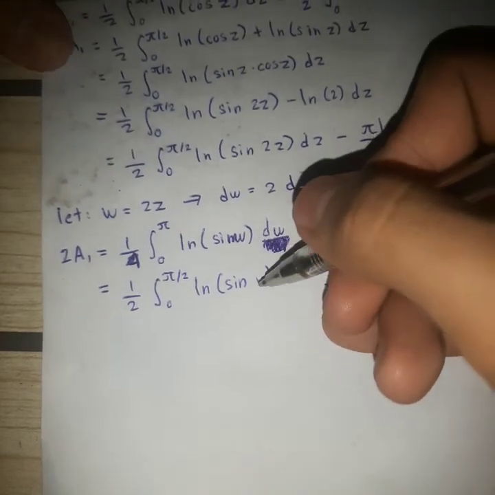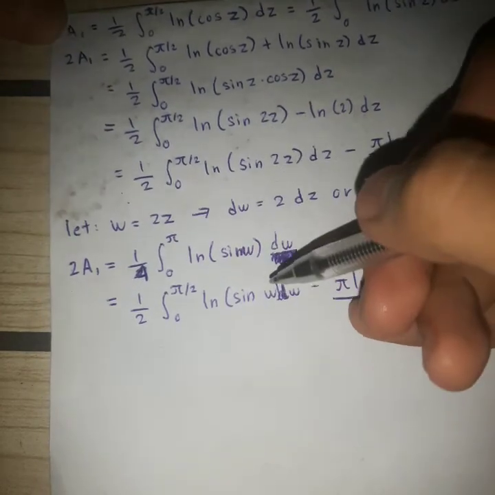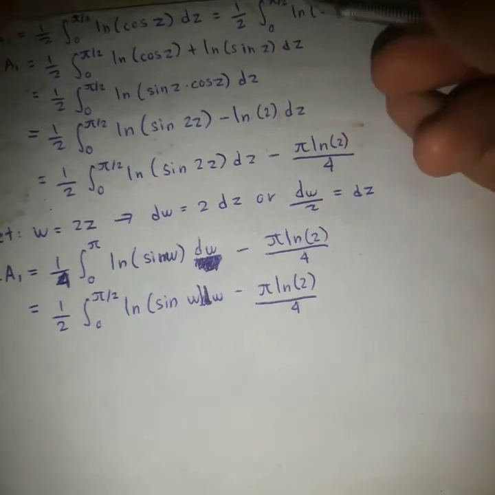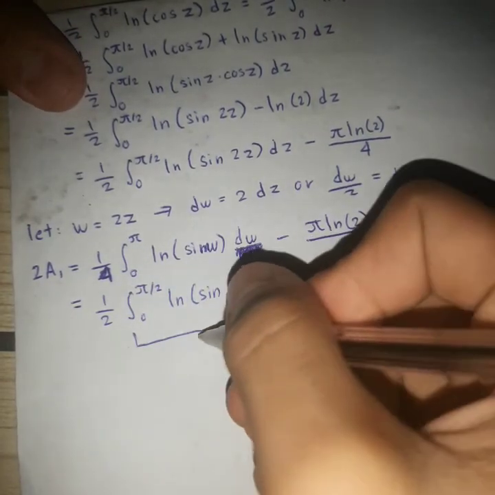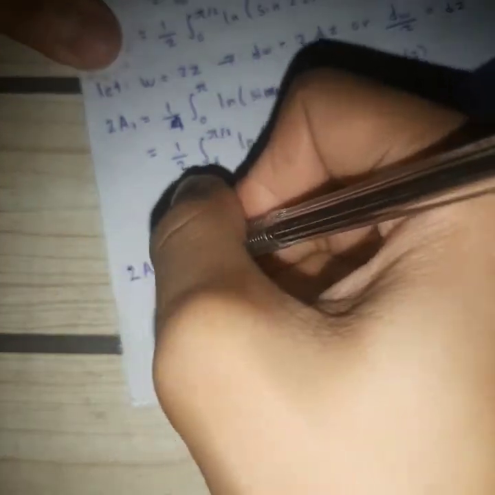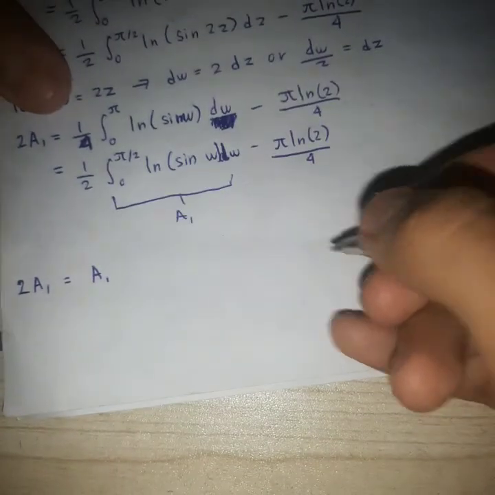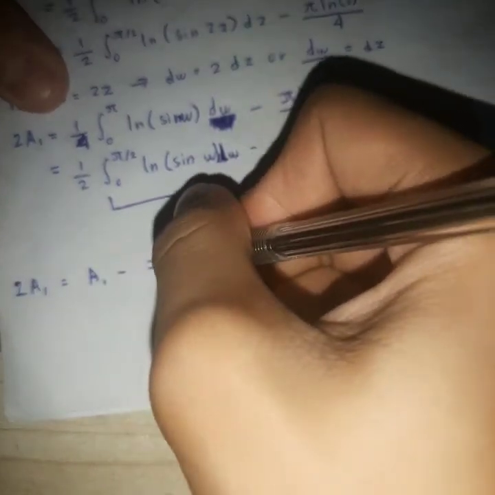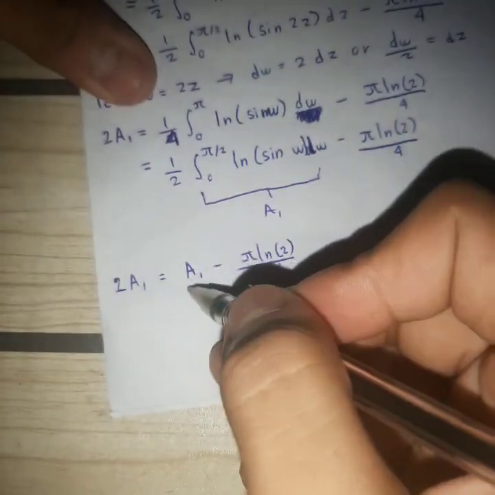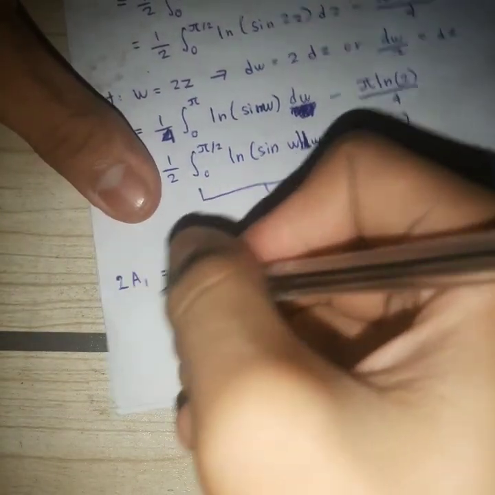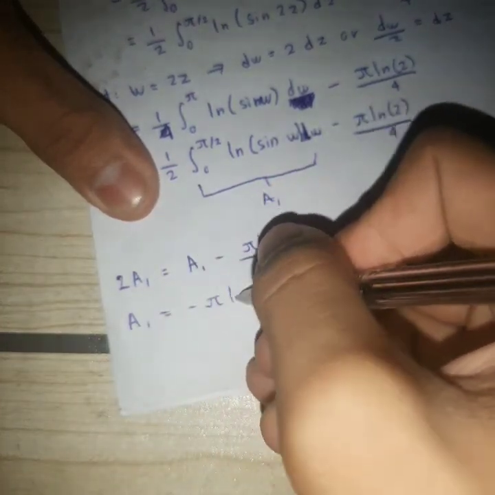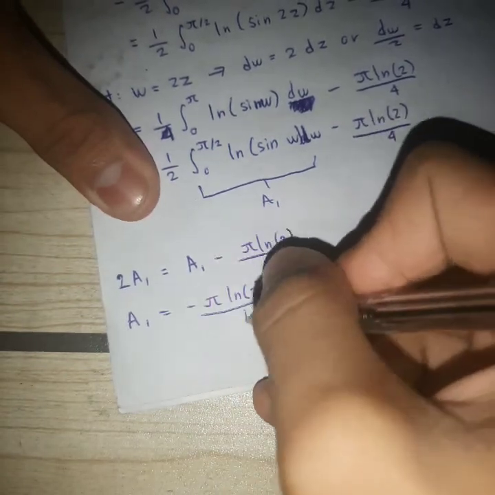And from what we have earlier, we know that this is just equal to a sub 1. So we are now left with 2a sub 1 is equal to a sub 1 minus pi ln 2 over 4. And by transposing this a sub 1 to the other side of our equation, we have a sub 1 is negative pi ln 2 over 4.